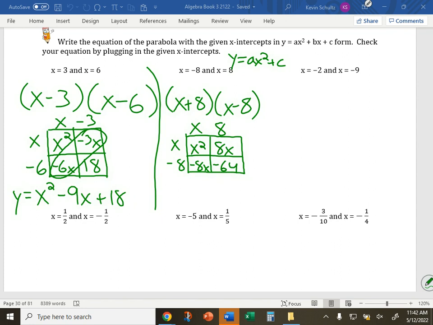What happens with our 8x and negative 8x? Connor? They cancel out. Right? 8x minus 8x is 0. They're gone. Which means we only have an x squared term and a constant. Just like we're supposed to, because we recognized at the beginning that those two values are opposites, and so those x terms are going to cancel out.